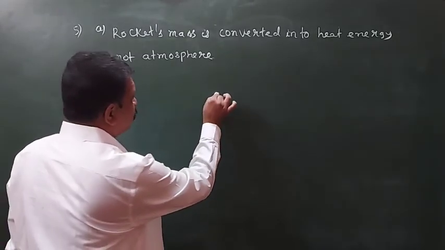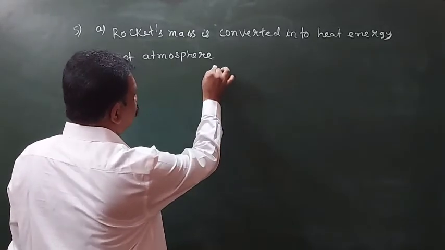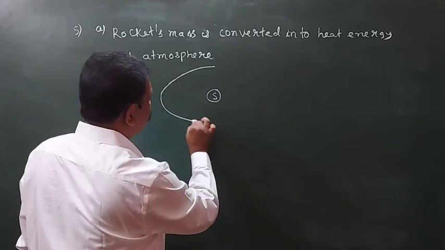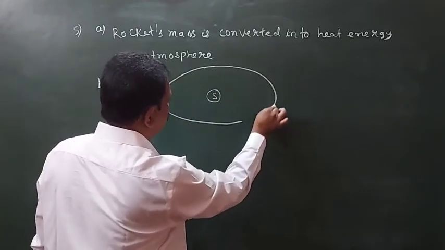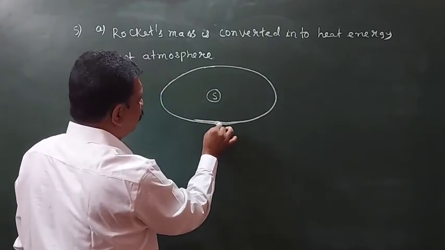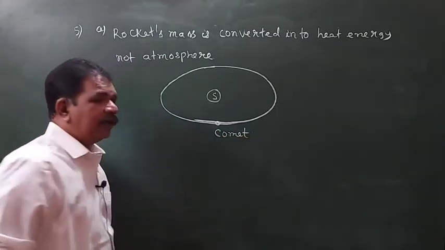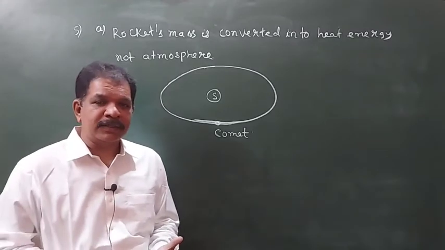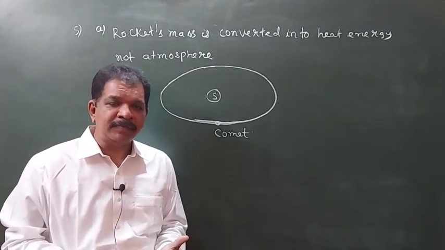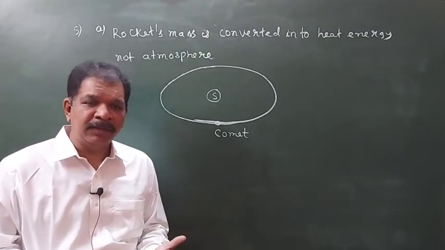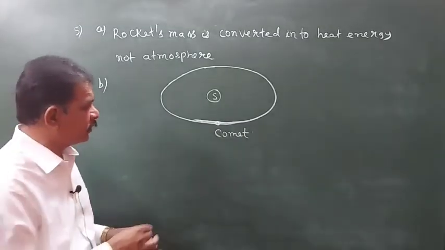Here the sun is there. One comet is revolving around the sun in an elliptical orbit. At all positions, force and displacement may not be in perpendicular directions.